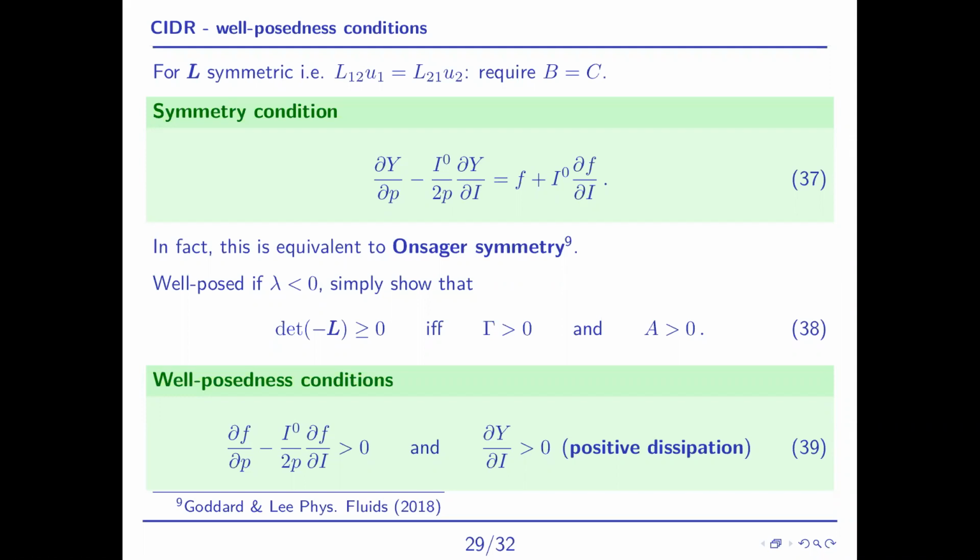Okay, and so they really like that because thermal systems, when they're Onsager symmetric, have really nice properties. It means they can be written in terms of dissipation potentials, which are convex. It means that you've got positive dissipation rates.